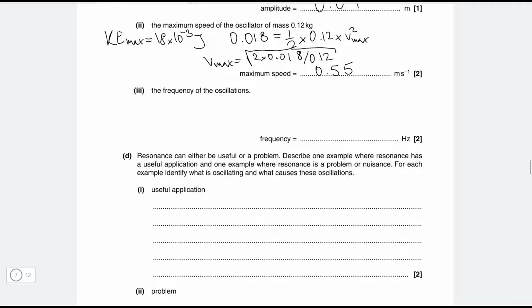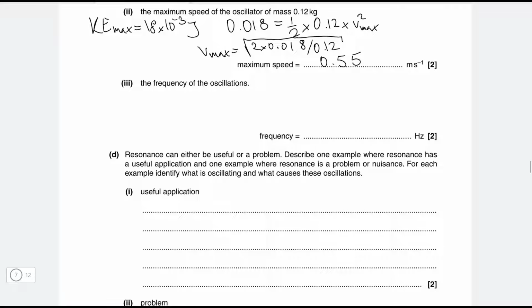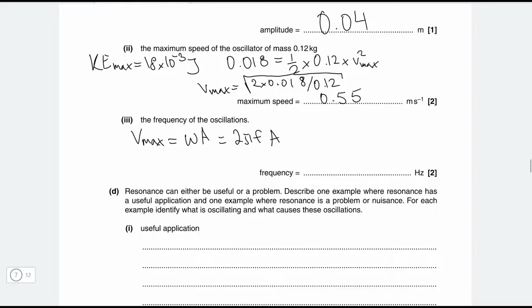Okay, the frequency of the oscillations, well, this can simply be found just by remembering the fact that our maximum speed is always just plus or minus omega a, which is 2 pi f multiplied by a. So we know what our amplitude is, just 0.04.